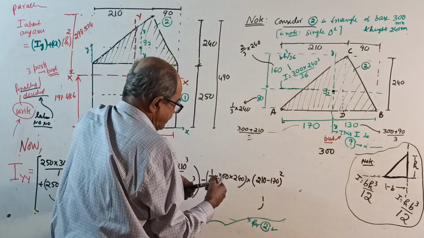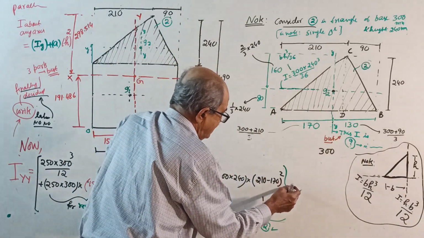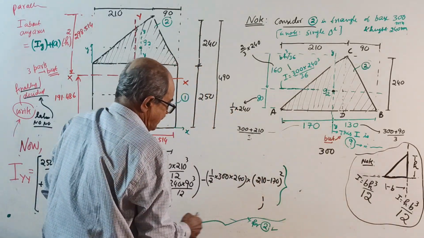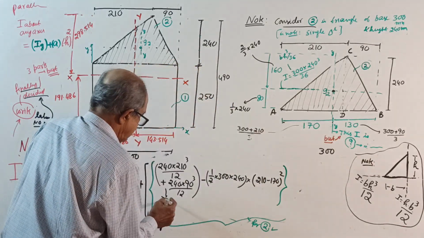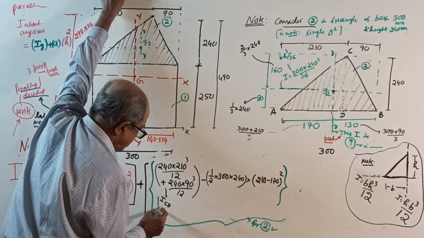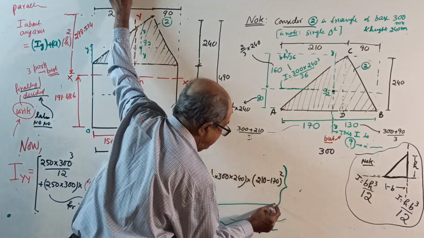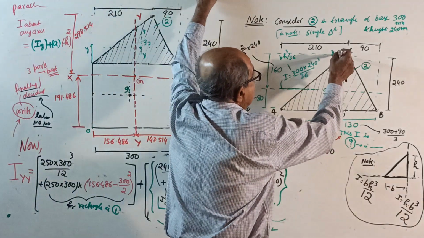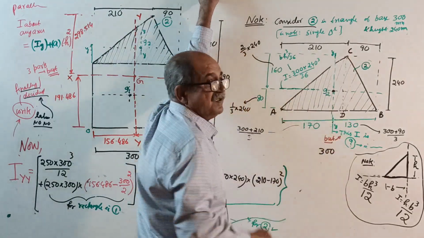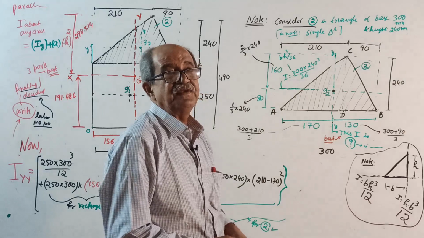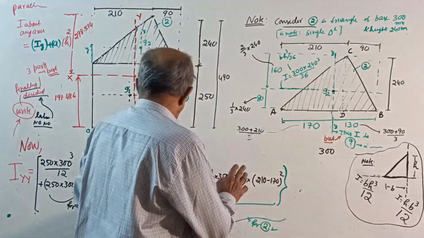When I complete this one, what I get now? This full term is I about this yy axis, its own centroidal axis. From outside you are coming here. So we are still here.